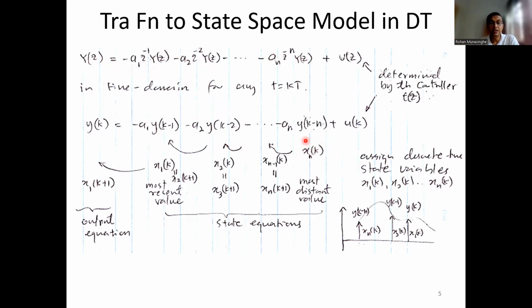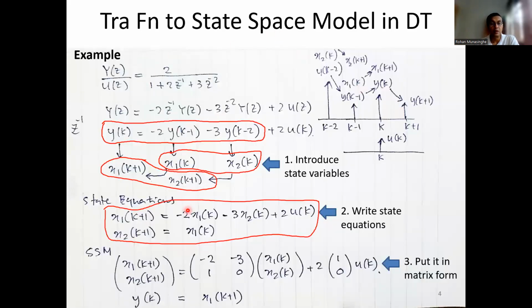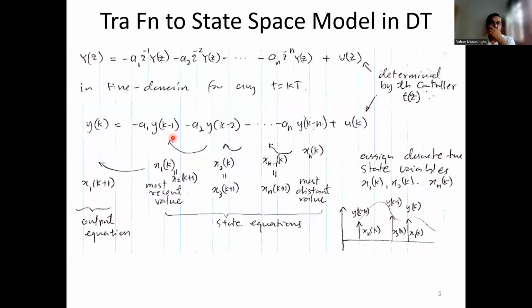Earlier, it was just an example, a second order thing, 2 time steps. But in this slide, what I try to do is to generalize it for any time steps. It goes up to n steps, z to the minus n time steps. You need to have n samples in your difference equation.